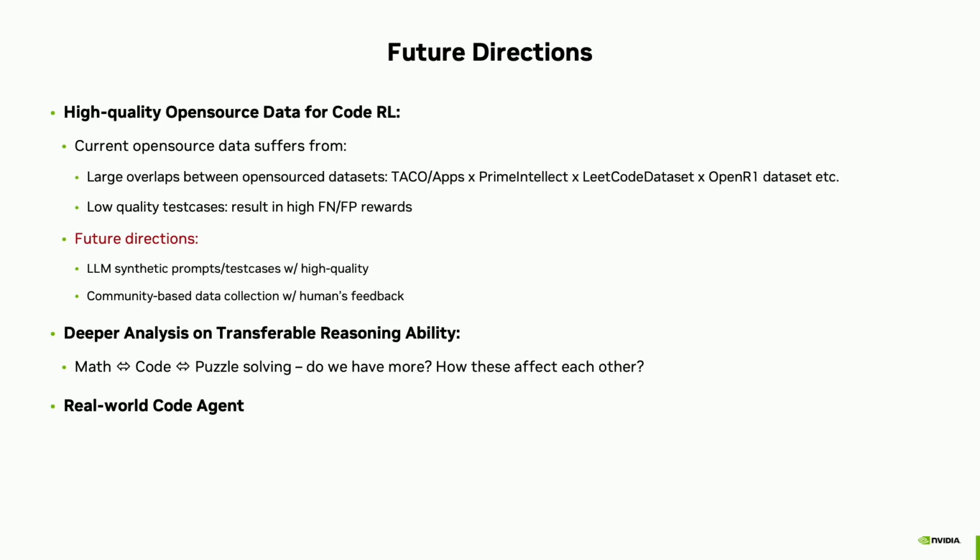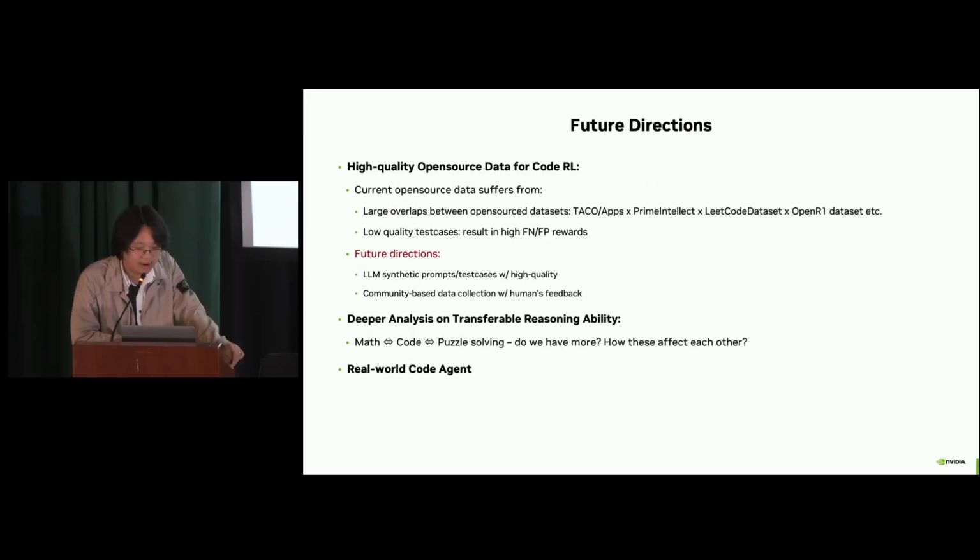And here are some interesting future directions. The first is high quality open source data for code RL. As I mentioned before, the current open source data suffers from large overlap and duplication between the open source datasets. Also, these open source code RL datasets suffer from low quality test cases, and this results in high false negative and false positive rewards.